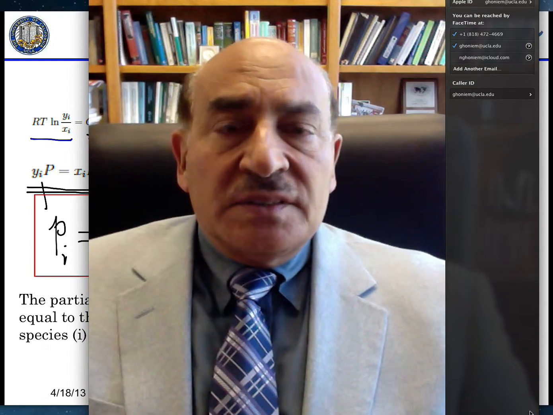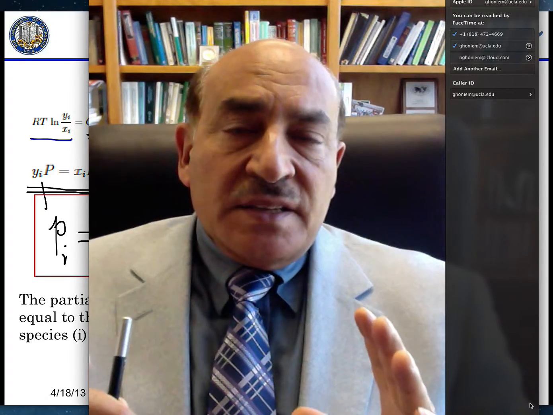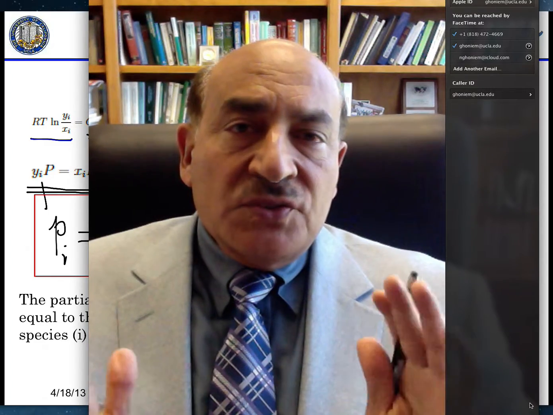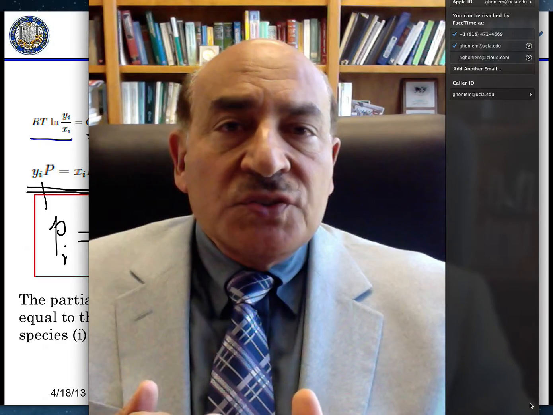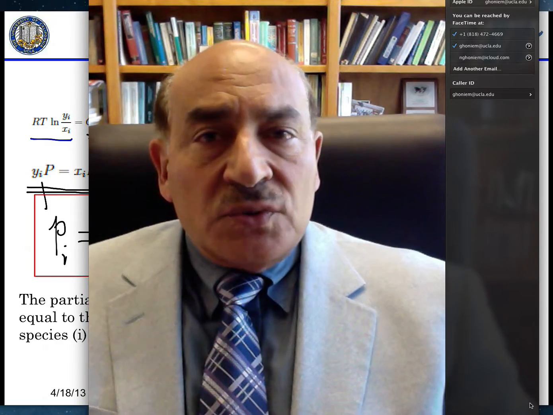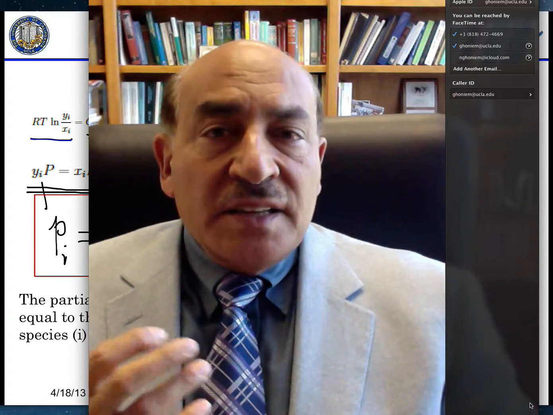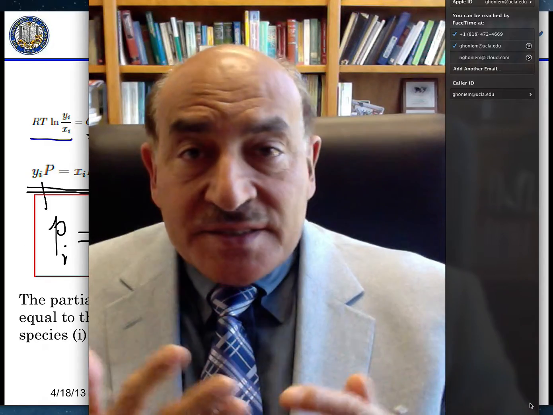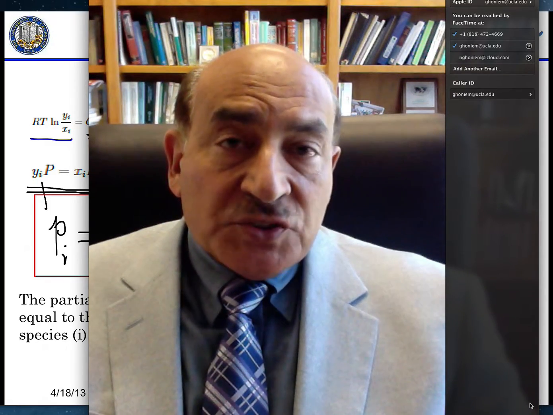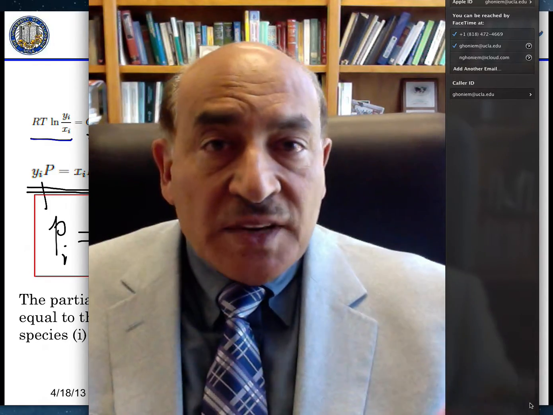Now in the remaining part of the lecture, I'm going to take two things. First, I'm going to derive Raoult's law again from scratch, but not assume that the Gibbs free energy of the liquid is independent of the pressure. So I'll take that assumption out and see what happens.